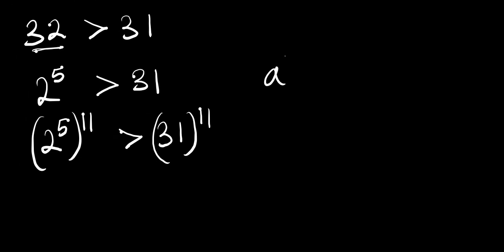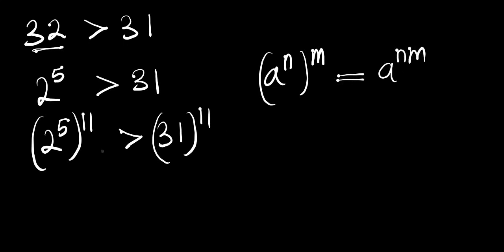If you have a to the power of n, all to the power of m, this equals a to the power of n times m. So if I multiply these two exponents, I'm going to have 2 to the power of 55. This simply means 2 to the power of 55 is greater than 31 to the power of 11.